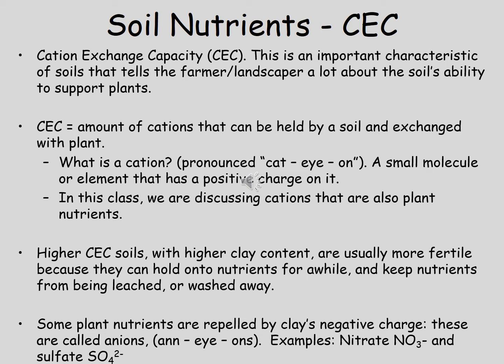So it's really the ability of a plant to get what it needs from the soil, or the ability of the soil to give the nutrients to the plant. The higher the CEC, usually the higher the clay content, to a point, until you have too much clay. So CEC is a measure of soil fertility.